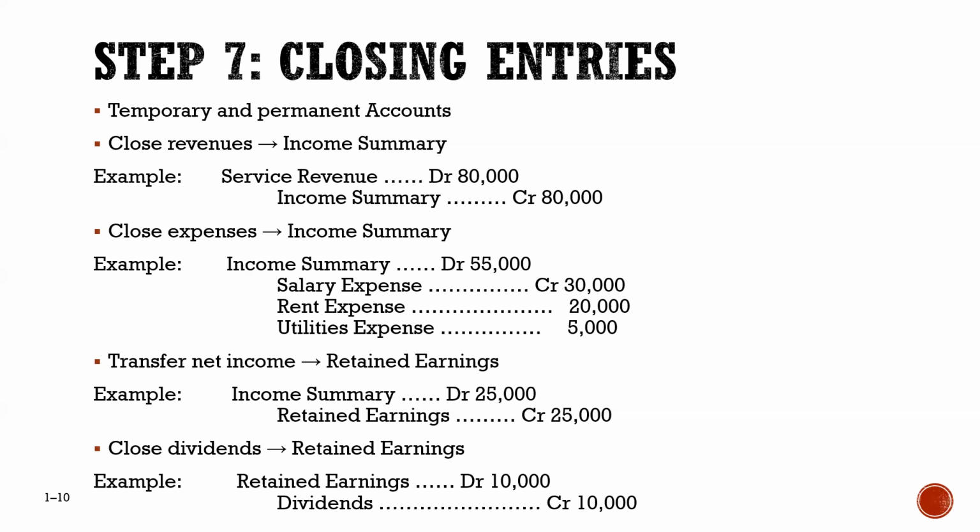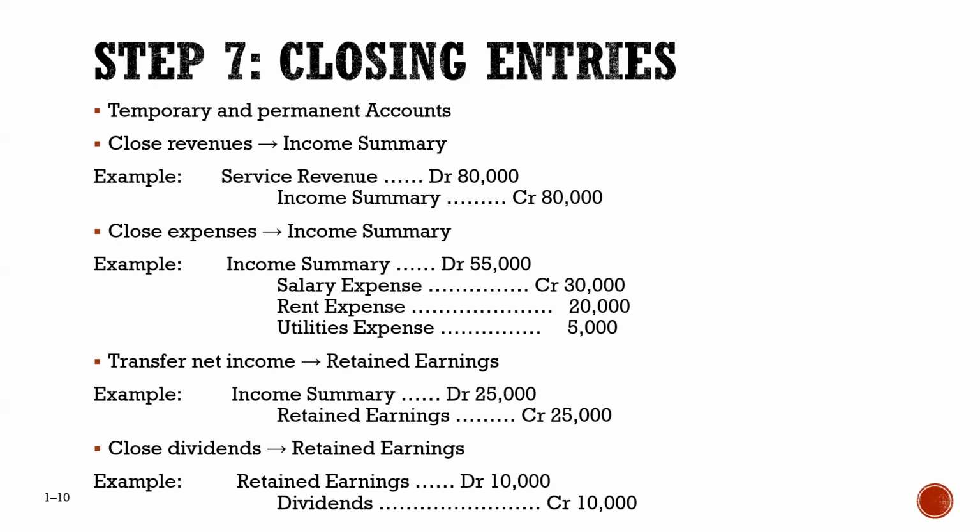After transferring both revenue and expenses, the income summary account now tells us the profit. For example, if revenues were 80,000 and expenses were 55,000, then the income summary account shows a credit balance of 25,000, which is the net income for the period. This amount must now be transferred to retained earnings, because retained earnings represents accumulated profit.